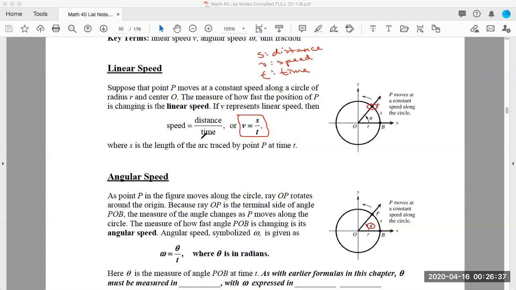And then angular speed looks similar in terms of its format, but now omega will represent angular speed. Theta represents your angle.